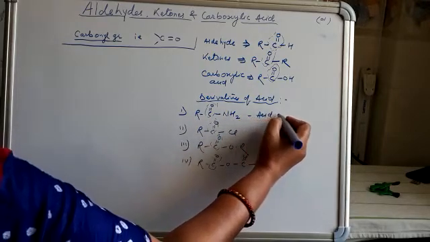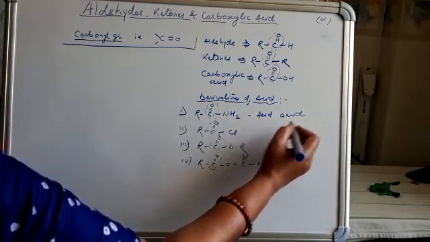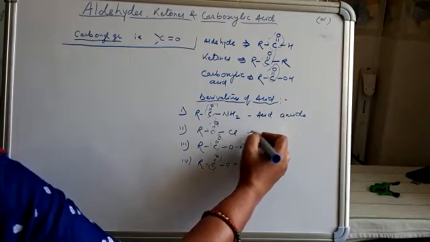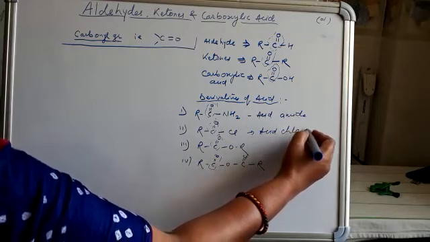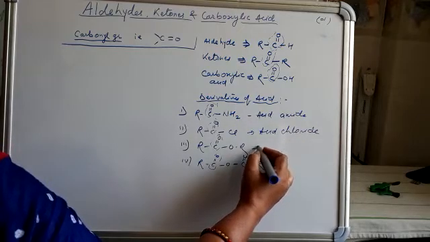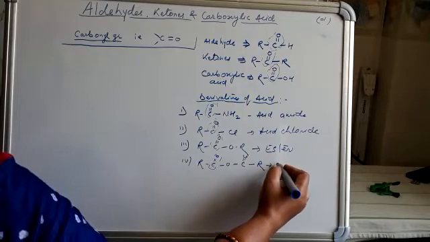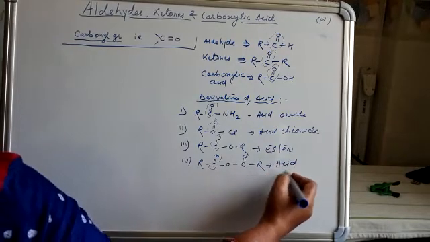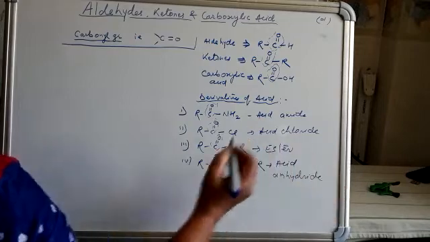Acid amide, acid chloride, this is ester and this is acid anhydride.